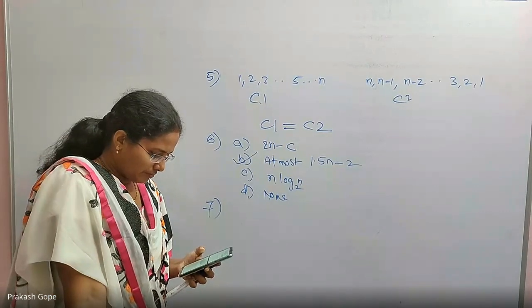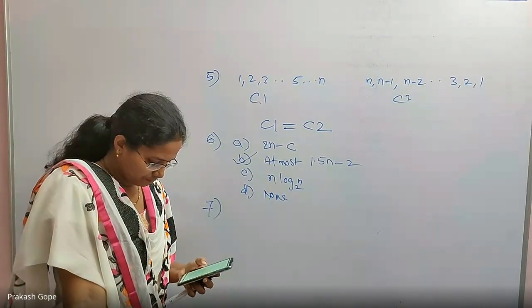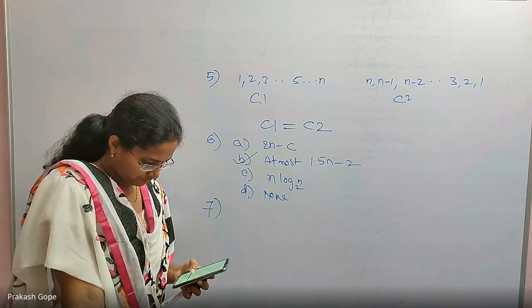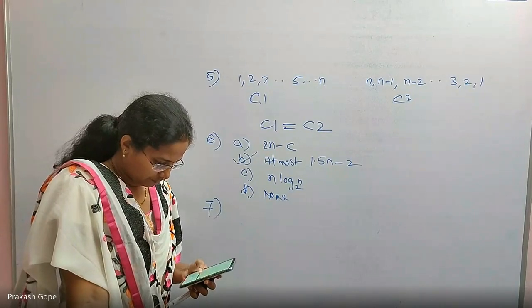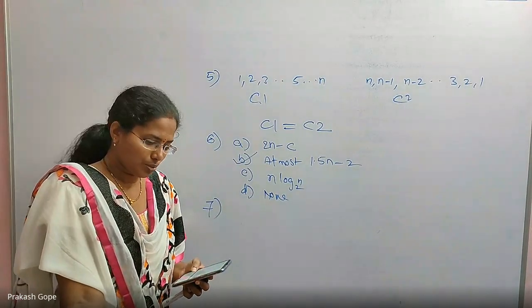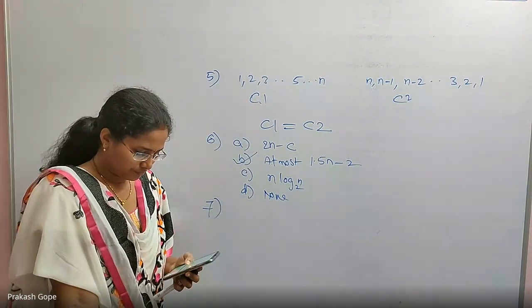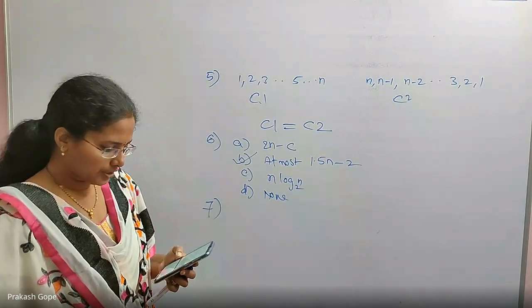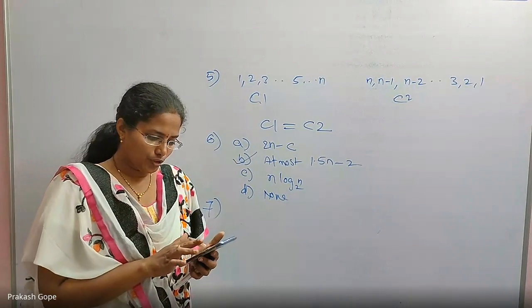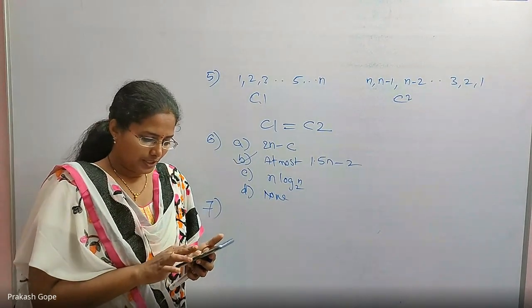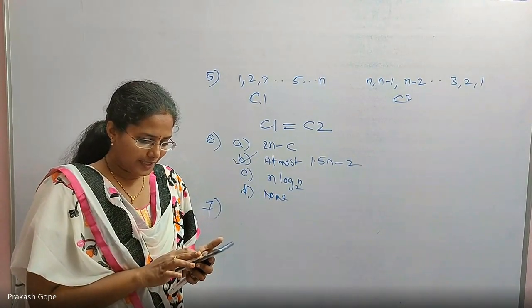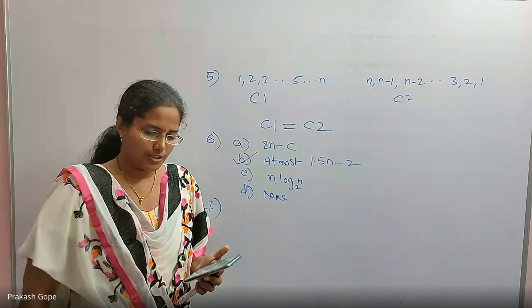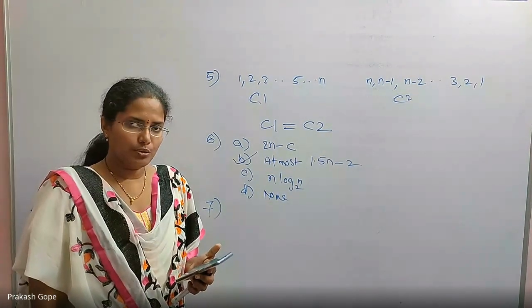Question number 7. Consider the quicksort algorithm. Suppose there is a procedure to find a pivot element which splits the array into two sublists, each of which contains at least 1/5 of the elements. Please read the question carefully.